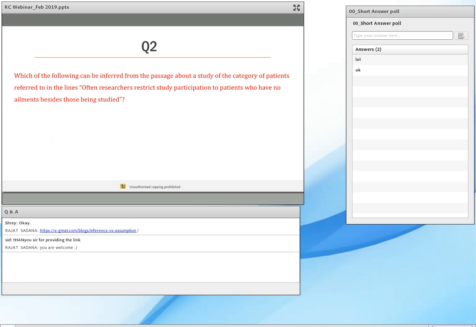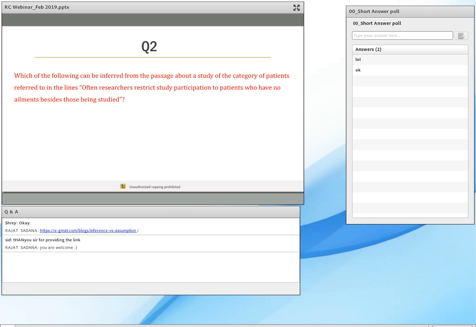Okay, so let's look at question number 2. The question says, which of the following can be inferred from the passage about a study of the category of patients referred to in the line, often researchers restrict study participation to patients who have no ailments besides those being studied. Whenever you read a question, you ask yourself, what is the author asking?